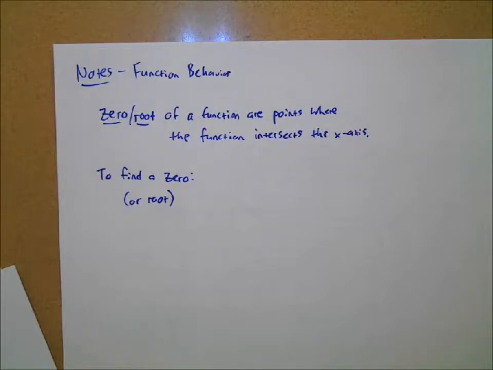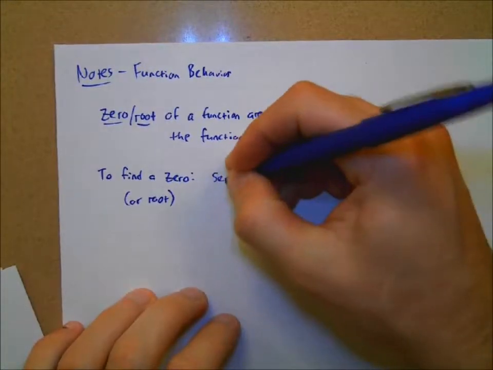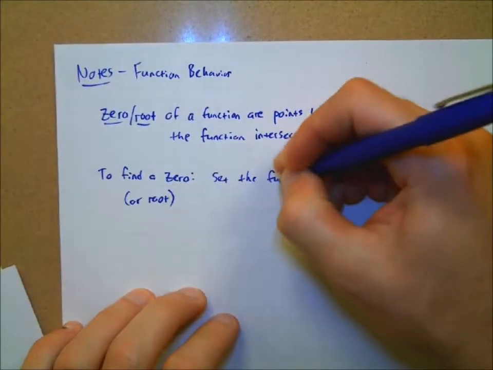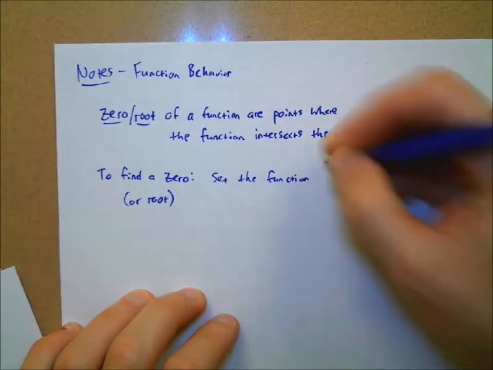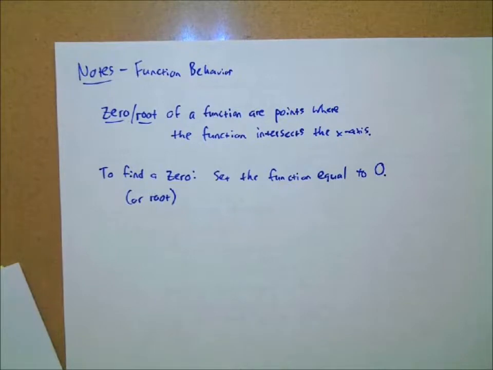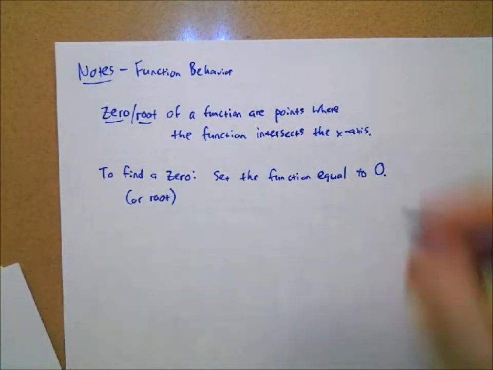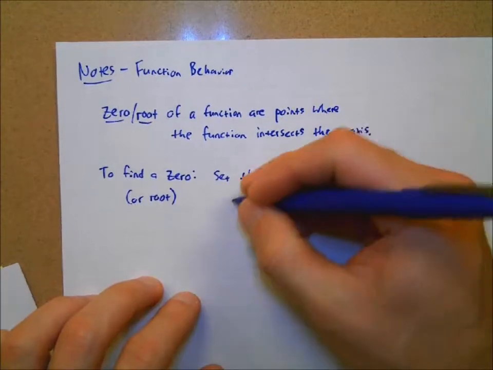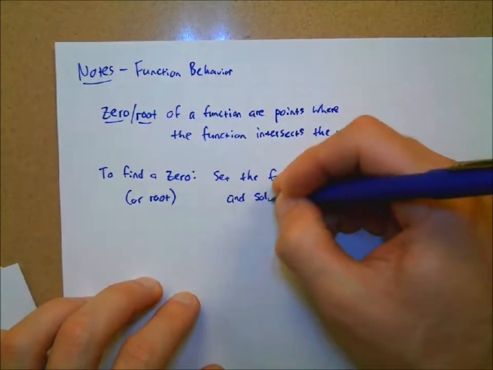So in order to find a zero, we're going to set the function equal to 0, because f of x is the same as y. They're interchangeable. So set the function equal to 0 and solve for the variable.